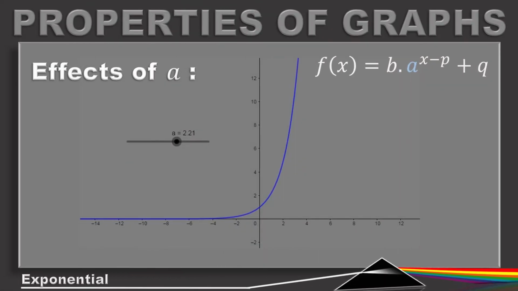Here we're going to look at what a does. Now, this is not something really important that you need to know, but if a is 0, it forms a straight line, and the bigger a gets, the more steep it gets. So it just gives you a bit more insight. Sometimes when you have to sketch these graphs, they ask for a landmark point, just to give an indication of how steep the graph is.